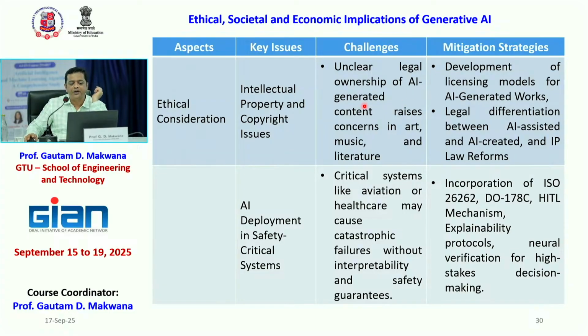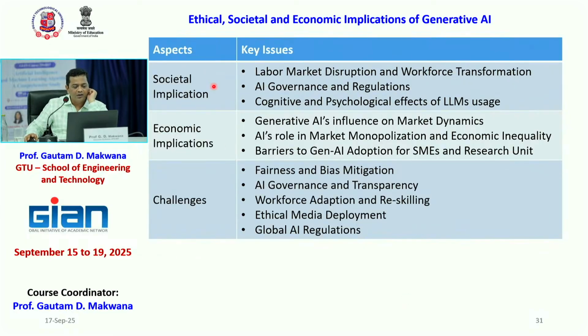Unclear legal ownership of AI-generated content raises concern in art, music, and literature. Okay, and AI deployment in safety-critical systems like aviation or healthcare may cause catastrophic failure without interpretability and safety guarantees. Then the social implications: labor market disruption and workforce transformation, AI governance and regulation, cognitive and psychological effects of LLM use.